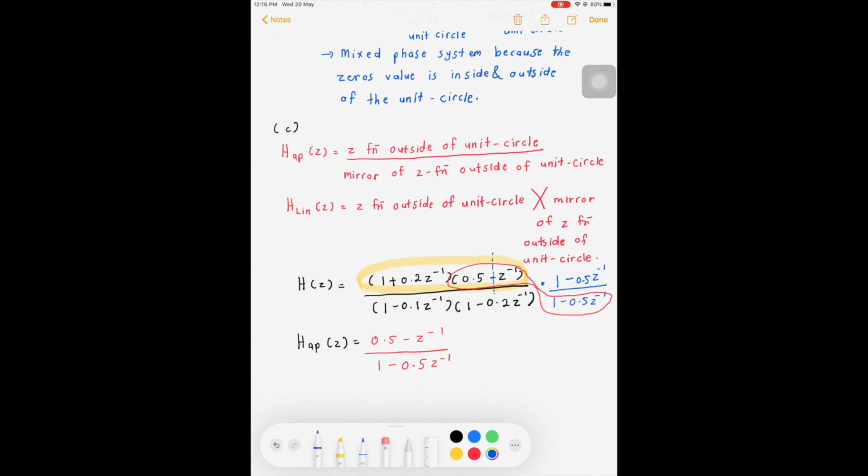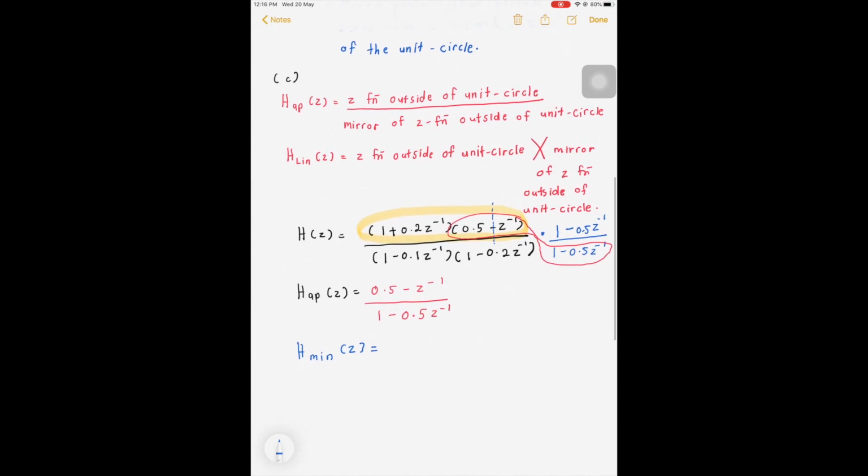So that is H all-pass. What happened to H minimum? H_min(z) is actually the remaining function after we take out the H all-pass.